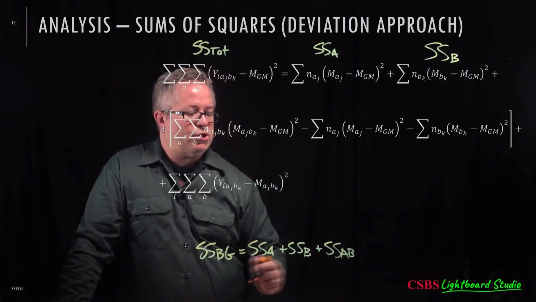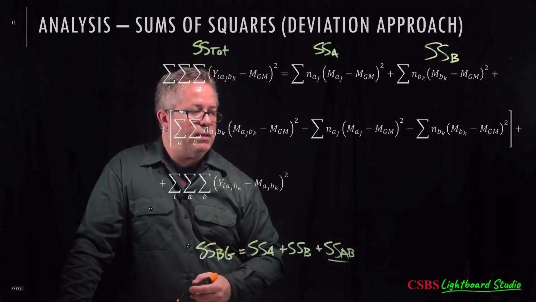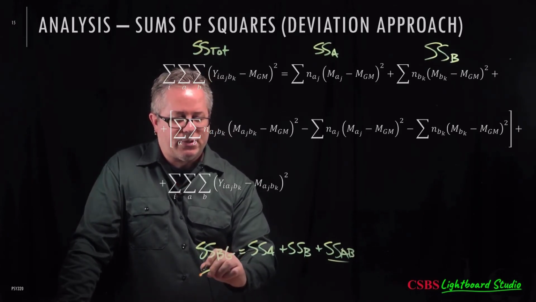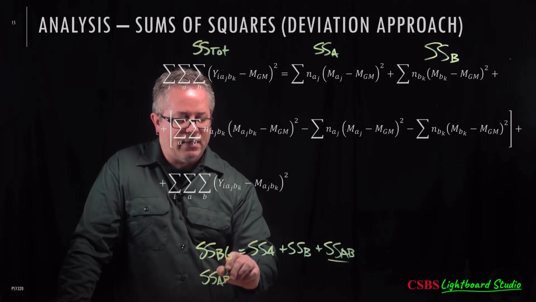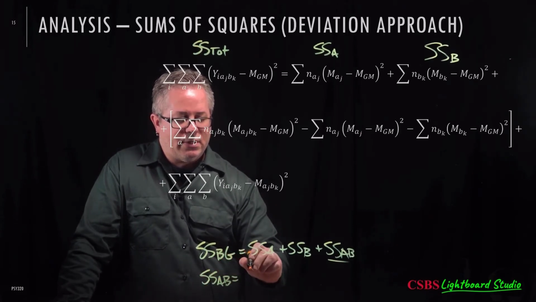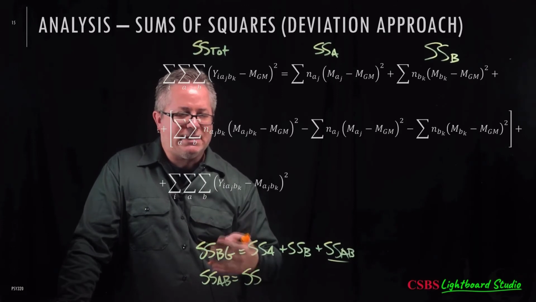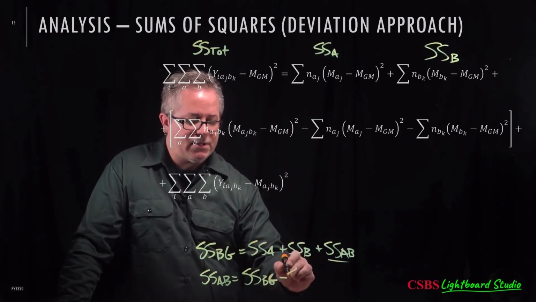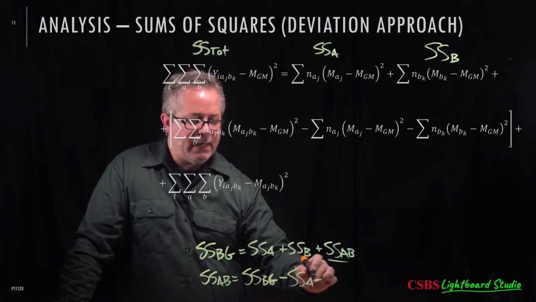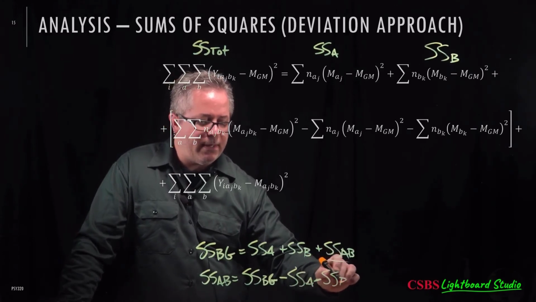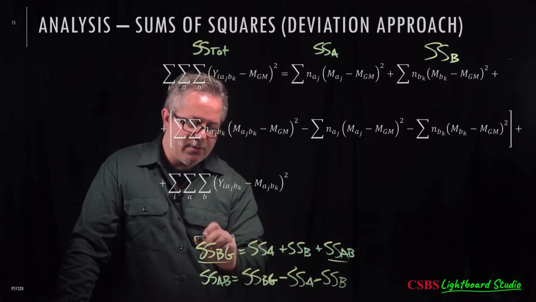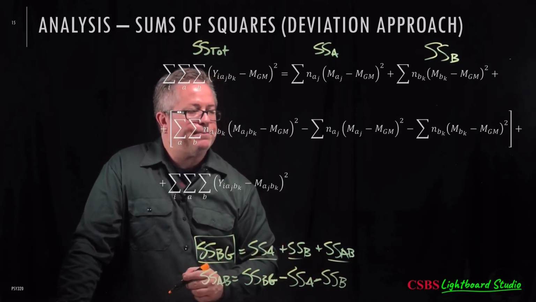Well, I can solve for the sum of squares for AB by simply subtracting. So the sum of squares for AB is equal to the complete, the intact sum of squares between groups, minus the sum of squares for A minus the sum of squares for B. But just to be clear, this sum of squares between groups contains an A and a B in it.